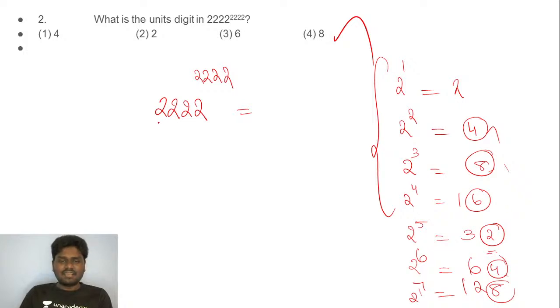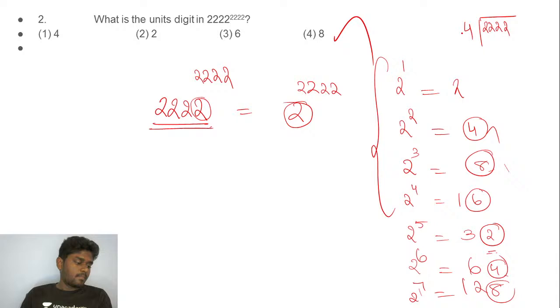So if that is the case, can I say the unit digit of 2222 power 2222 will be equal to that of 2 power 2222? Anyway, you've got the unit digit to be the same here and here. So definitely you'll be getting the unit digit the same only. So what I can simply do, again you need to divide 2222 by 4. If you do that 5 times, it goes 20, and then again 5 times 20.